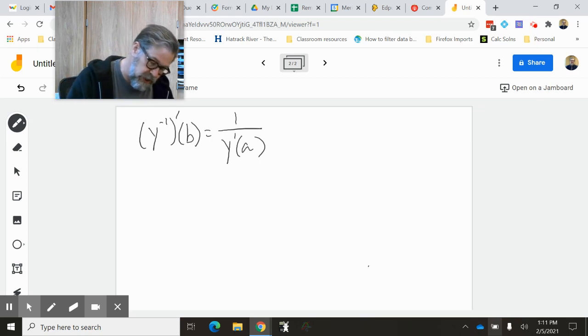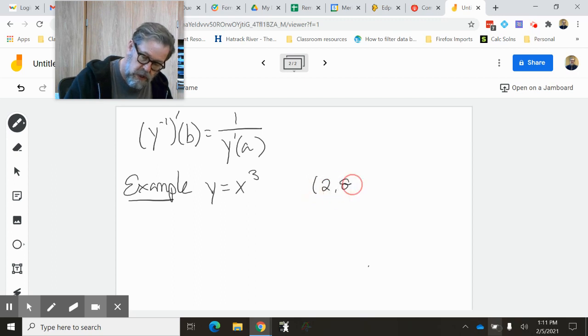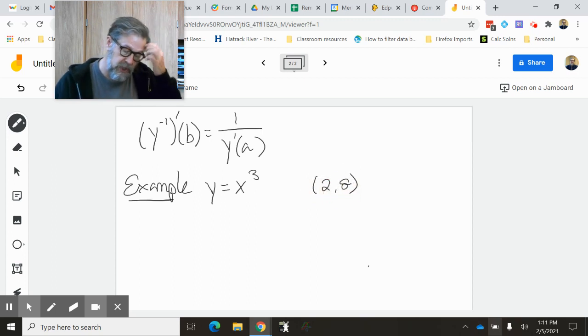So let's do an actual numeric example using our original function, y equals x cubed. And let's say that we're going to look at the point 2, comma 8, which is in fact on my graph. 2 cubed is 8. All right.